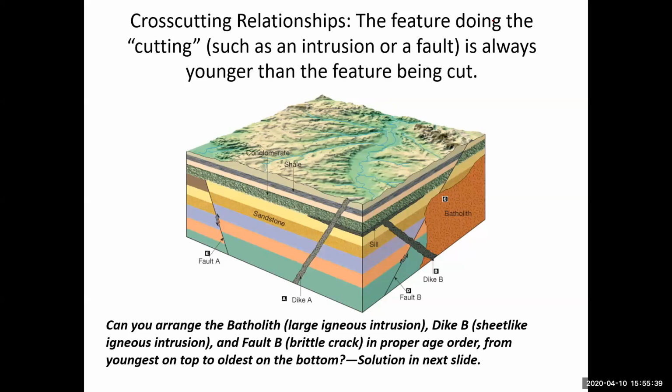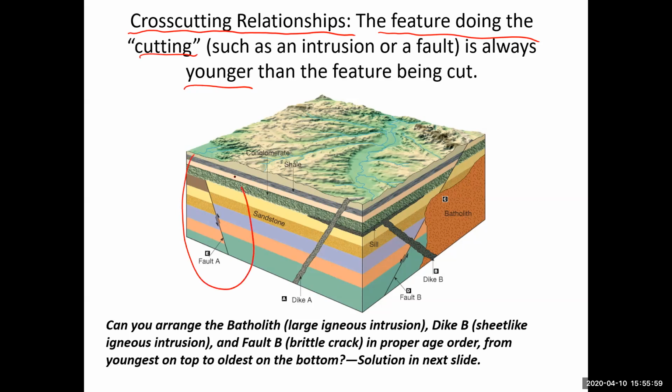One of the most important relative age dating principles is known as cross-cutting relationships. And here, the rule of thumb is kind of opposite to that of the principle of inclusions. The rule of thumb here is that the feature doing the cutting is always younger than the thing being cut.